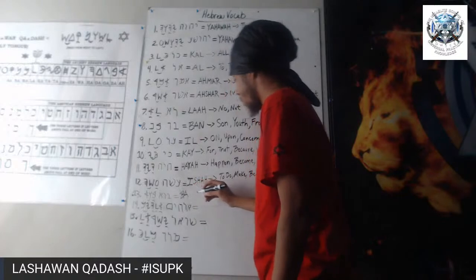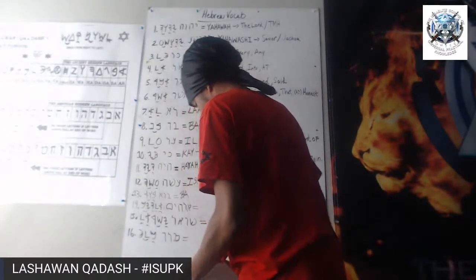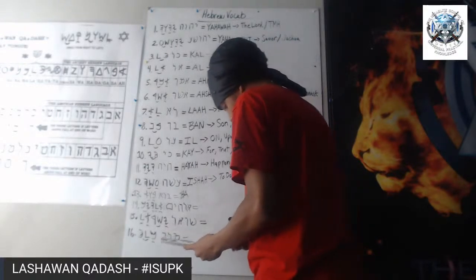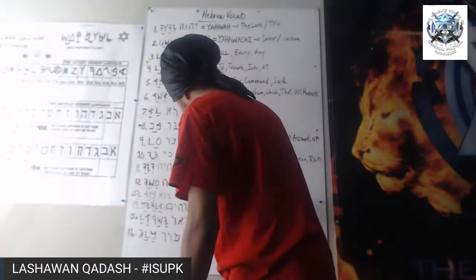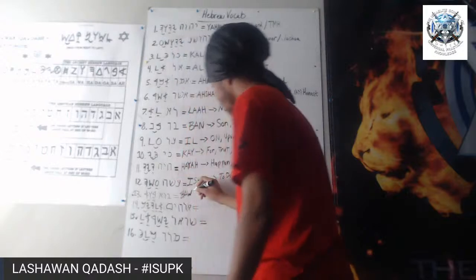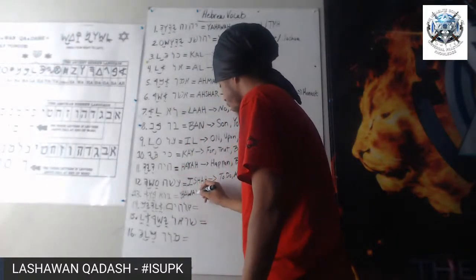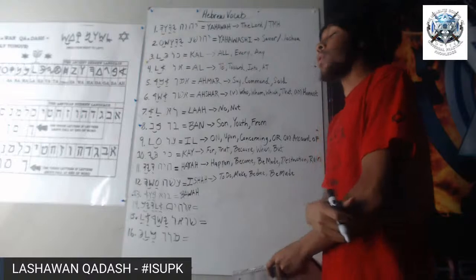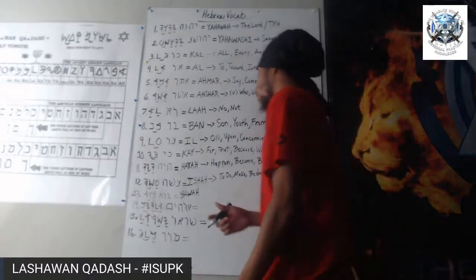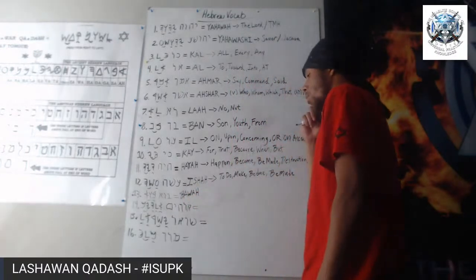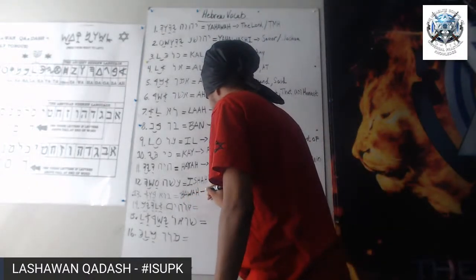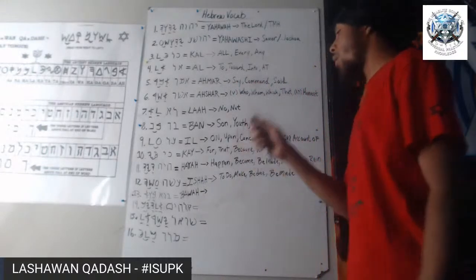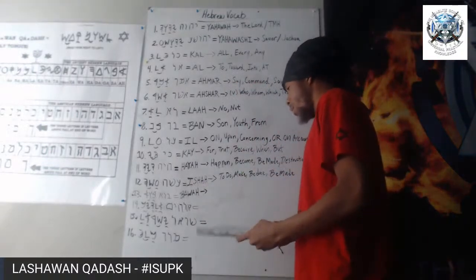The A jumps off the H. So it'd be B-A-W-A-H. Now there's another word, Baba, where it's not connected. This one right here is Bawa. Baba is all singular. It's not connected at all. The Baba, but Bawa.